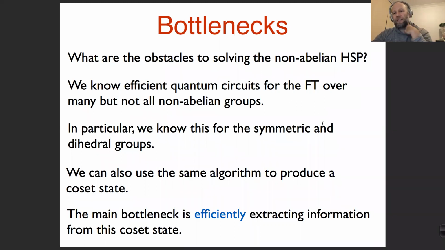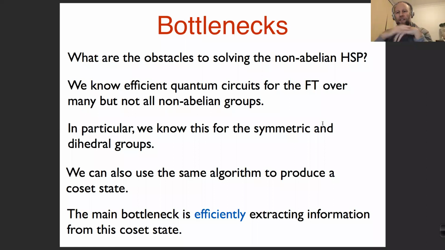You've seen that this has been the step that has varied the most, right? As we've seen in these different algorithms in the Abelian case, period finding, Simon's, discrete log, the quantum part is always the same. You produce this coset state, do a Fourier transform and measure. What varied was the classical post-processing that you did to actually learn the hidden subgroup after that.